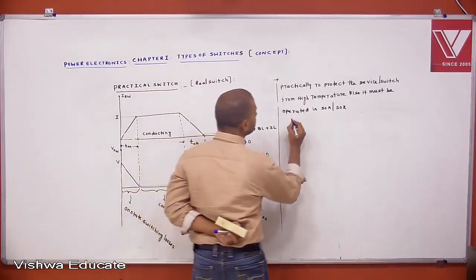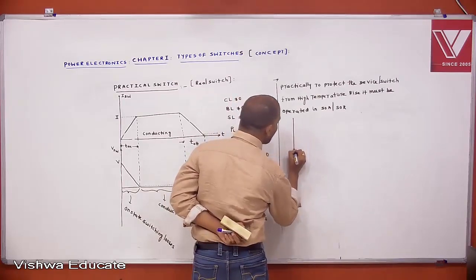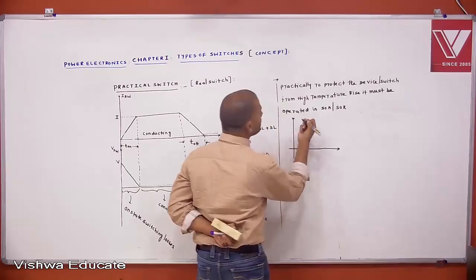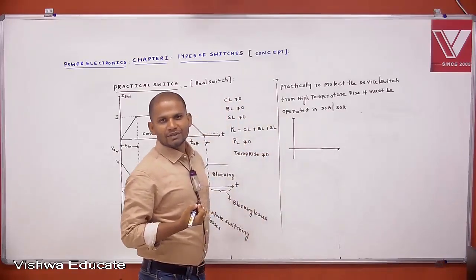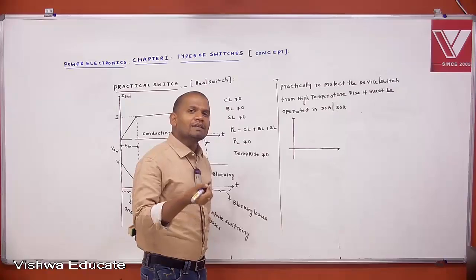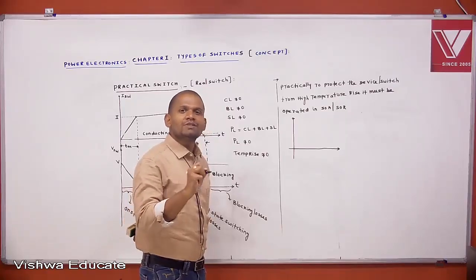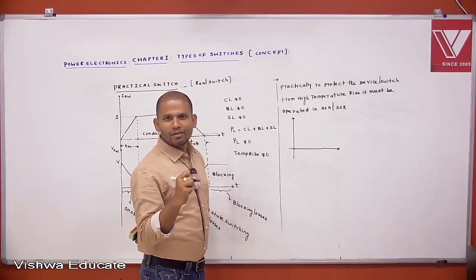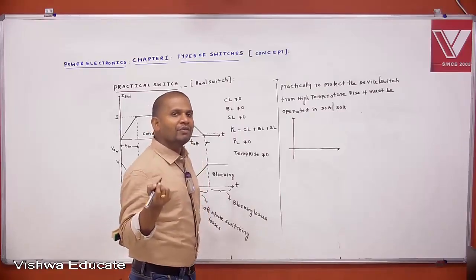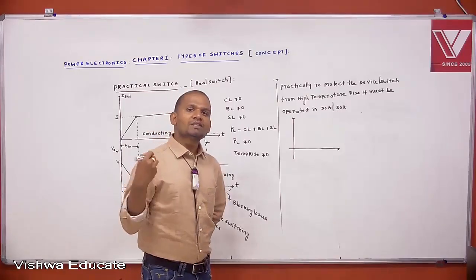In general, a safe operating area or safe operating region is represented like this. This is a general representation. But this safe operating area changes from device to device. SCR has its own safe operating area, BJT has its own, MOSFET has its own.